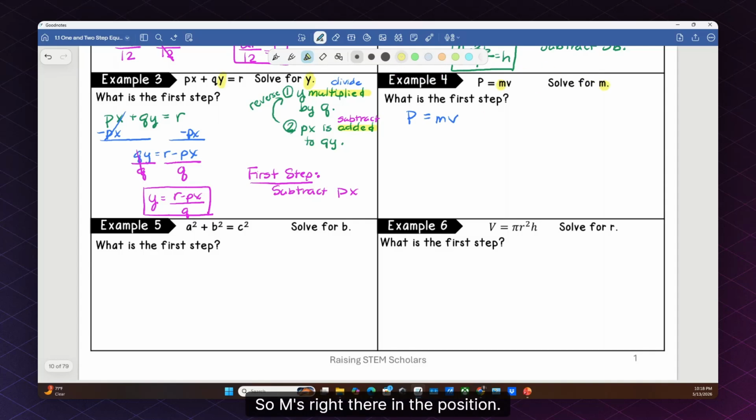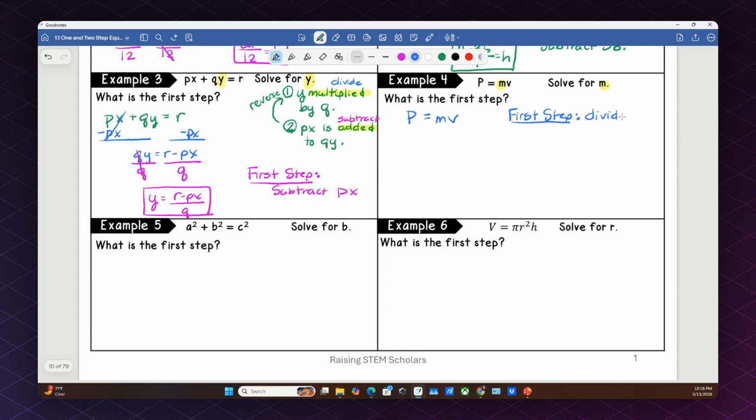So m's right there in position, so there's only one thing to do, which makes it nice and easy for us. m is multiplied by v, so to undo that, our first step is going to be to divide by v. Okay, so we're going to divide by v, and we get p divided by v equals m.